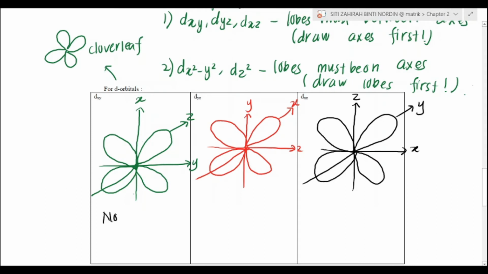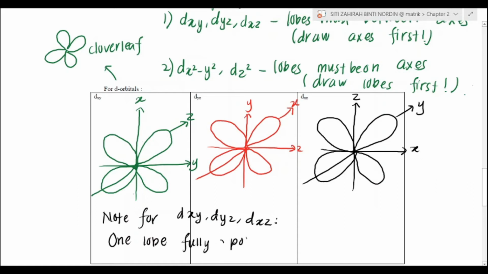So note for these 3 shapes, dxy, dyz, and dxz, 1 lobe will be fully poked and then emerge.